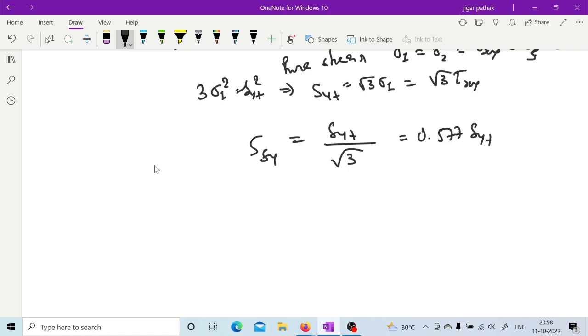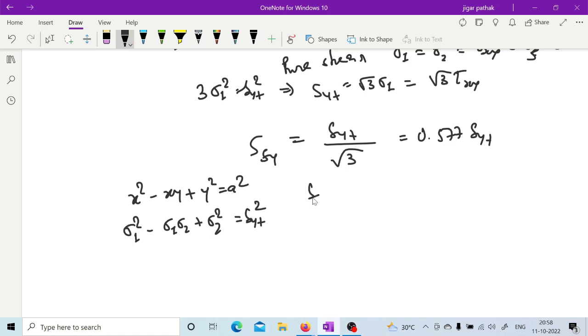So the region of safety here is given by that equation of ellipse, x square minus xy plus y square is equal to a square. This you can equate with sigma 1 square minus sigma 1 sigma 2 plus sigma 2 square is equal to SYT square. For this ellipse, the semi-major and semi-minor axes are given by root 2 a and root 2 by 3 a.